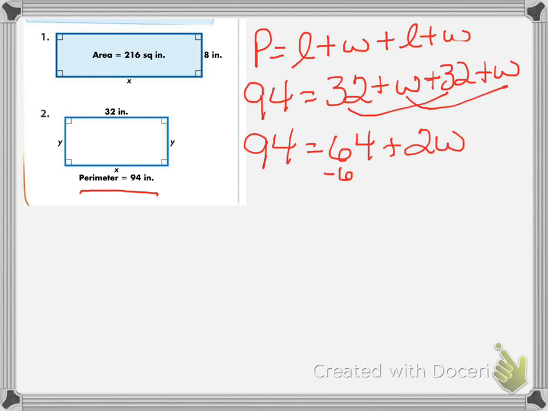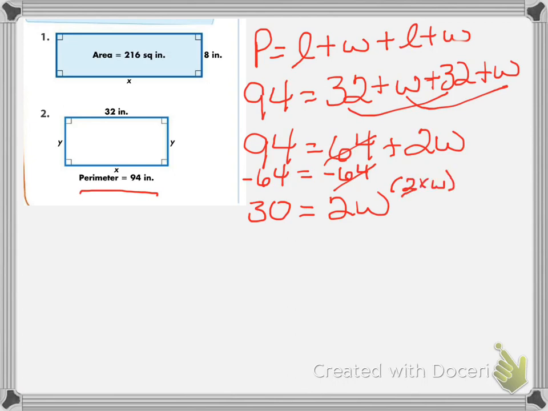Now I'll subtract 64 over here, and I'm going to subtract 64 here. Okay, and 94 minus 64, that equals 30. And then I've got 2W, because the 64s cancel themselves out, right? Well, that 2W means 2 times W, right?